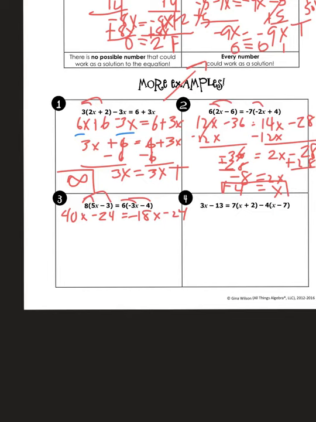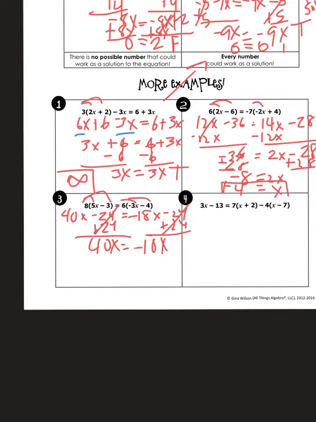If we continue to solve this, add 24 to both sides. Those cancel out on both sides. Negative 18x equals 40x. Does 40x equal negative 18x? No, this is a false statement. No matter what I do, I'm not going to be able to solve this.